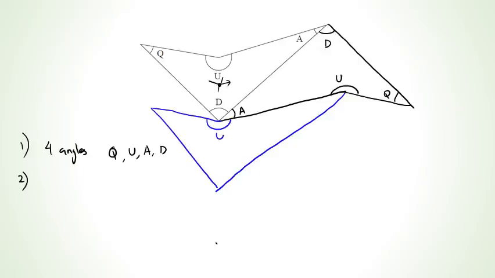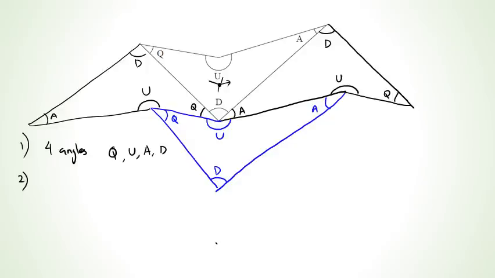So this is going to be U, this is going to be Q, that's D, and that's A. And now the black triangle that I drew on the left-hand side is going to pop over here like this, where this is U, that is A, that's Q, and that's D.